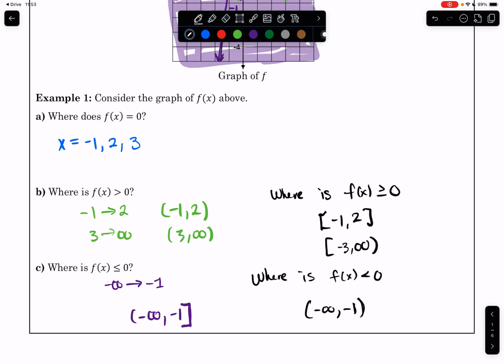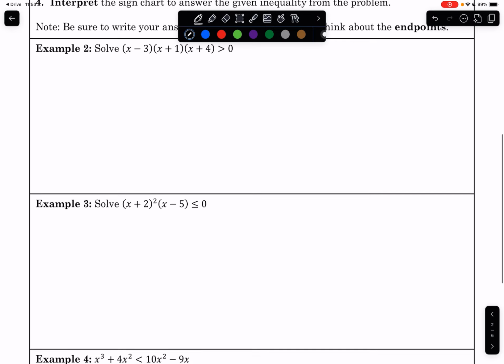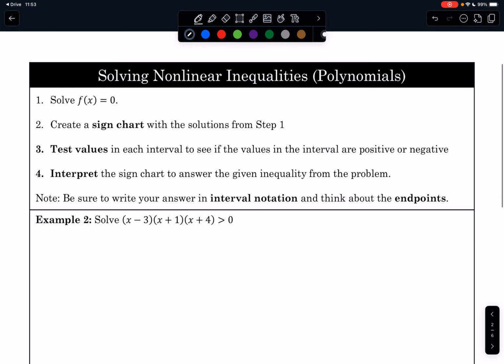Let's see, now let's look at the next page. Now, for solving nonlinear inequalities, again with polynomials, we begin by first solving where the equation is equal to 0. After figuring out all the places where it's equal to 0, we create a sign chart with the solutions from step 1.